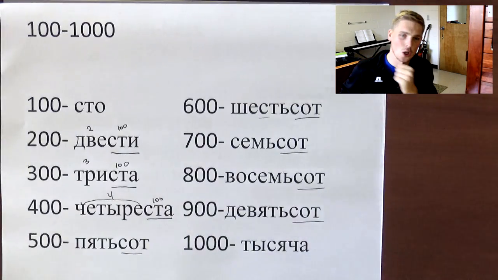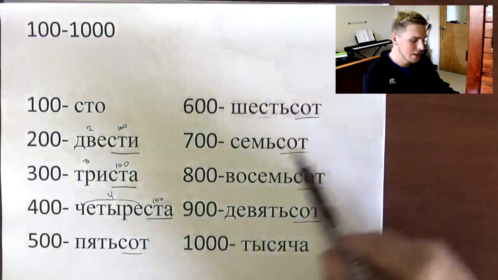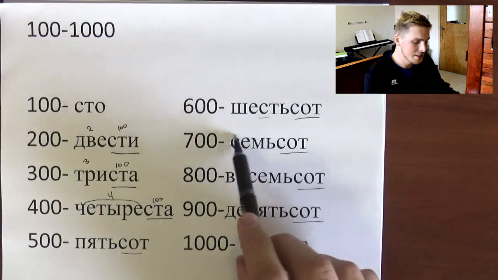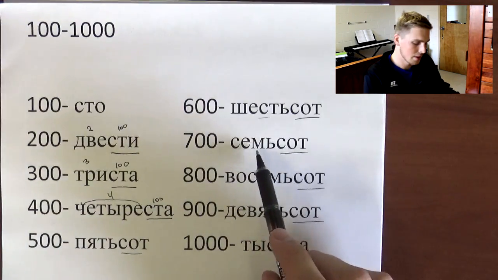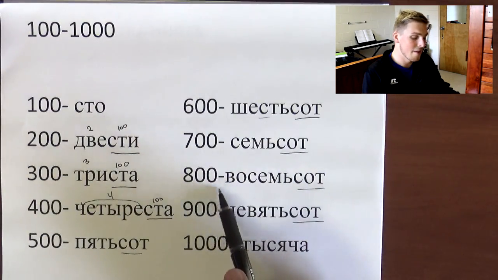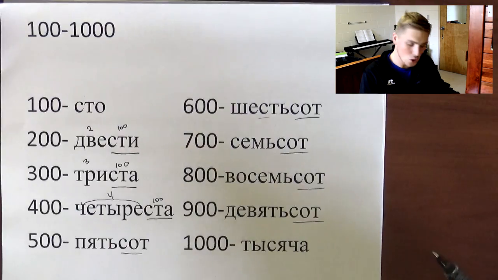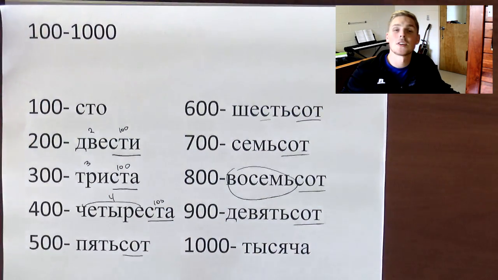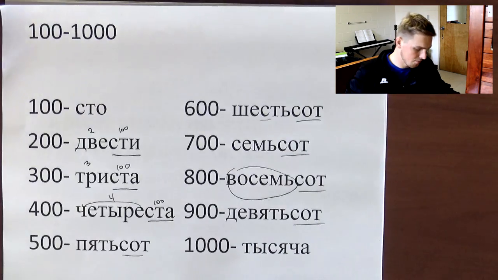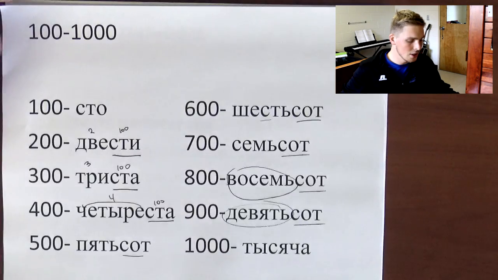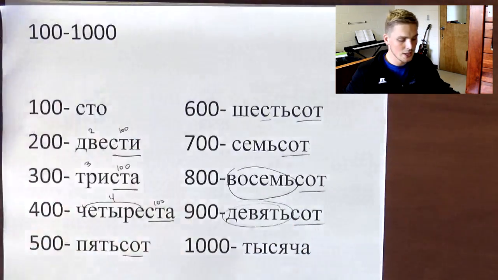And then 700 is going to be 700. So 7 is 7. Then we have 800, since 8 is 8. Then 900. 9 is going to be 9 here, so it's 900.